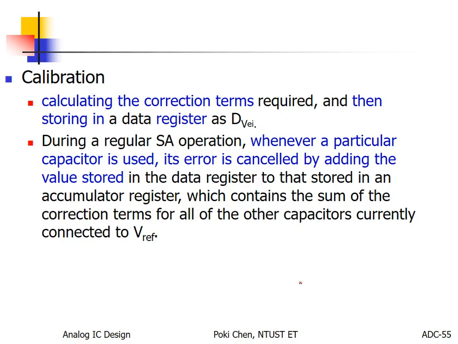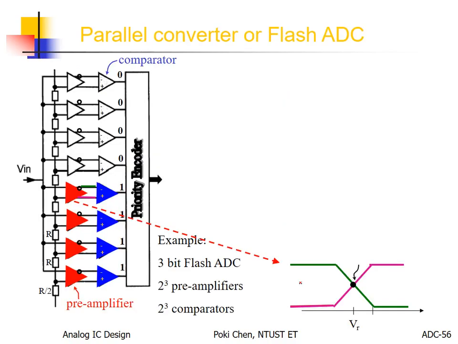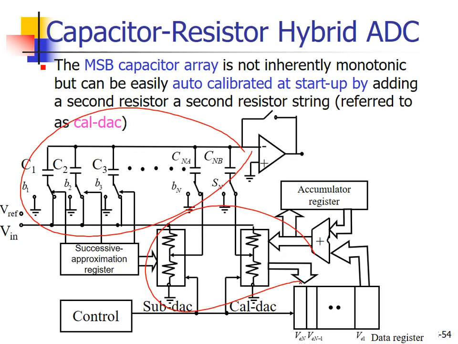So if you would like to make it better, you need to do calibration. Calibration usually through R string instead of capacitor string, because to turn on and off resistors will be much easier and less noisy than capacitor. Less impact from noise and interference with R string. Why?